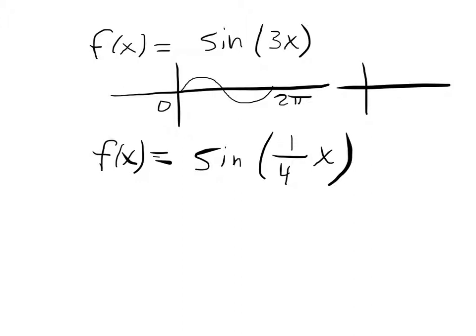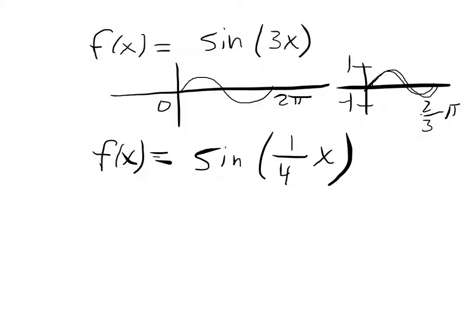So instead of having the period be 2 pi, it's shrunk by a factor of 1/3. So now I'll get a whole period from 0 to 2 pi over 3, which would be 2/3 of pi. Note my amplitude hasn't changed at all.